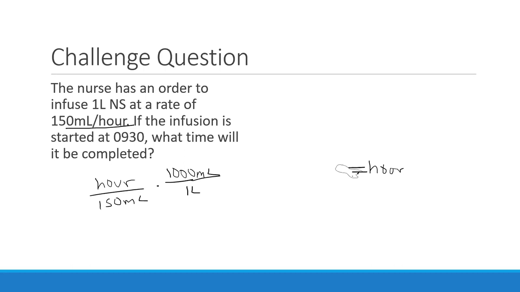And then this one here, in order to get rid of our liter, times 1 liter. Was I left with hour? Yes. So let's see what 1,000 divided by 150 is.